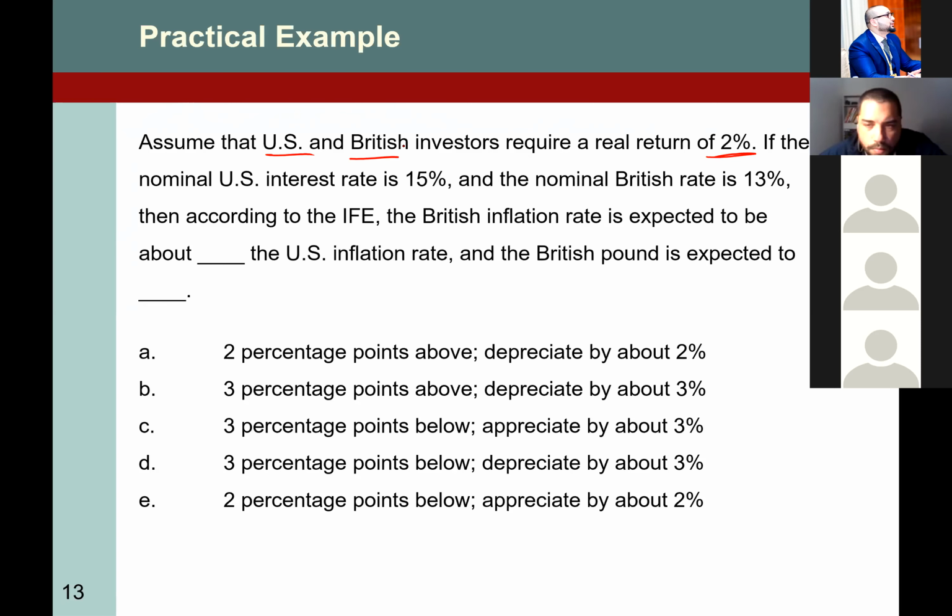If the nominal interest rate is 15% in the US and 13% in Britain, so according to IFE, pay close attention to what kind of parity or what kind of theory we are using. The British inflation rate is expected to be, and the US inflation rate, and the British pound is expected to be dash. So find out the answer.